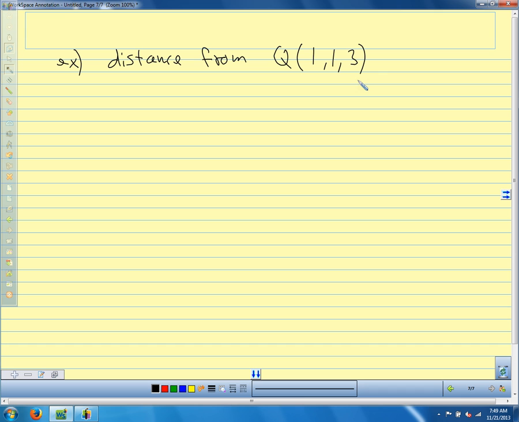See if I can be a little better with my arithmetic here. To the plane 3x + 2y + 6z = 6.